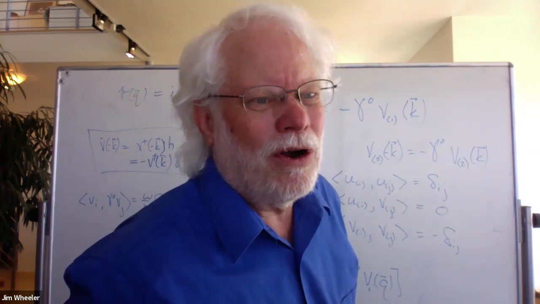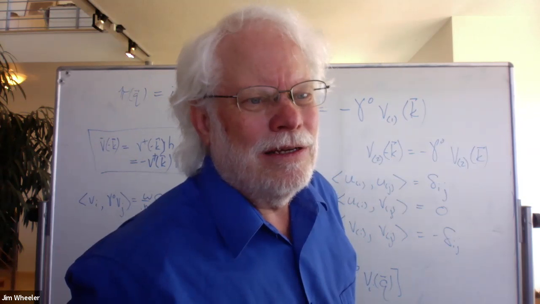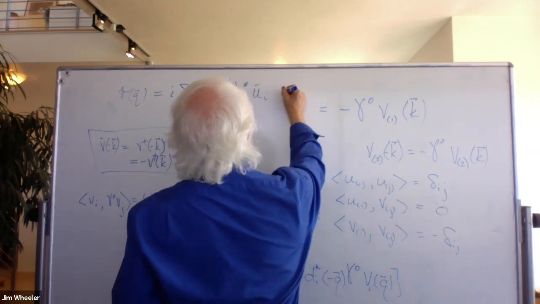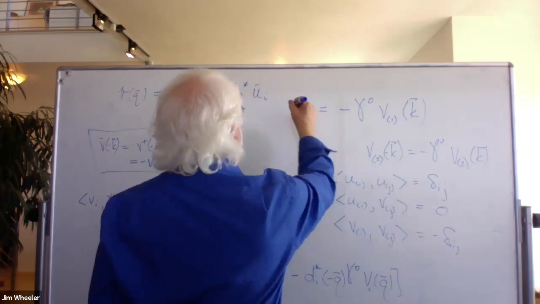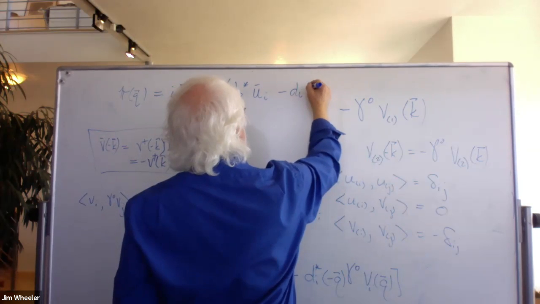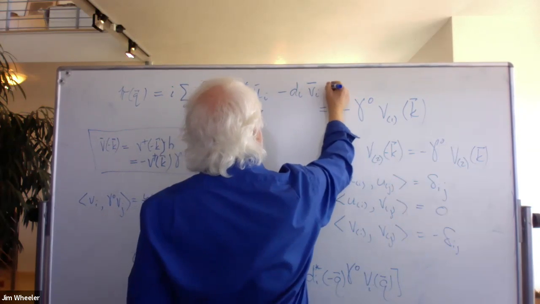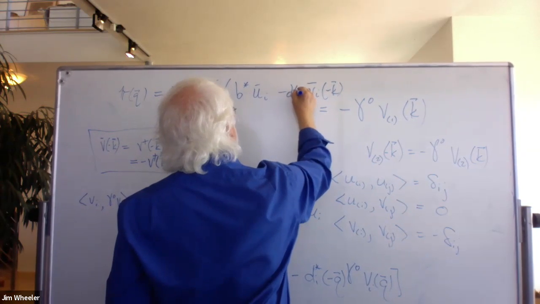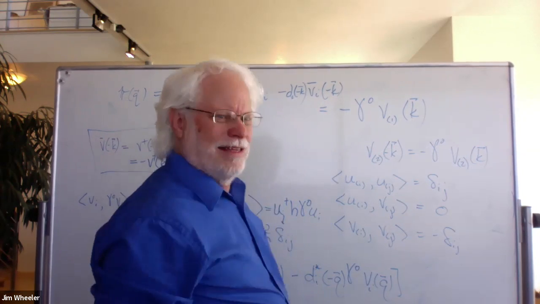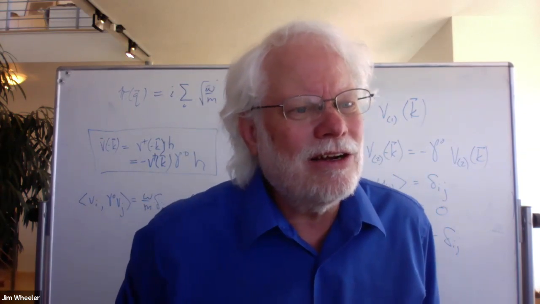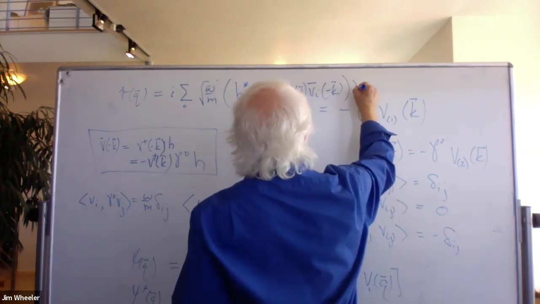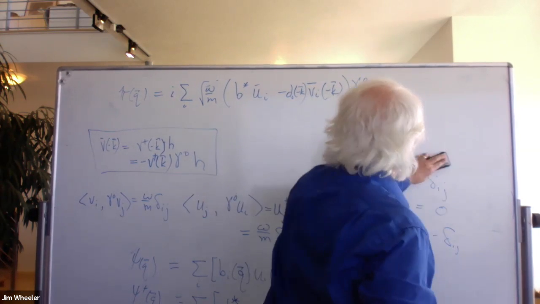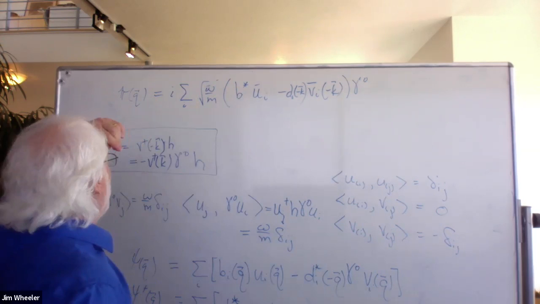And then the V part should be D and V bar minus D I V bar I, both of minus K. Oh boy. And then there's an overall gamma 0. Okay, so that's the correct expression for pi.